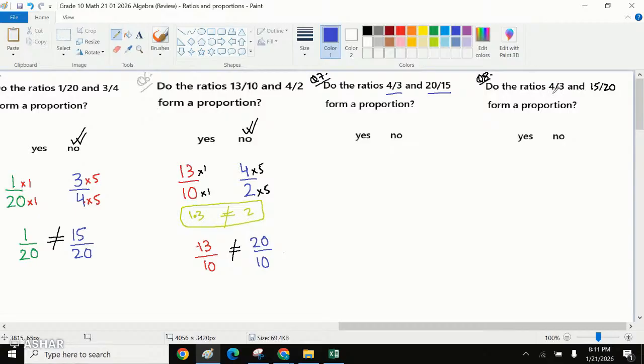What I did was in question number 8, I left 4 upon 3, but I flipped the fraction, 15 upon 20. So let's do question number 7 first. I'm just trying to see what a small change in a fraction value, flipping a fraction, what impact it can have on the question, right? So if the first number that was given to us, 4 upon 3, was compared to 20 over 15, right?